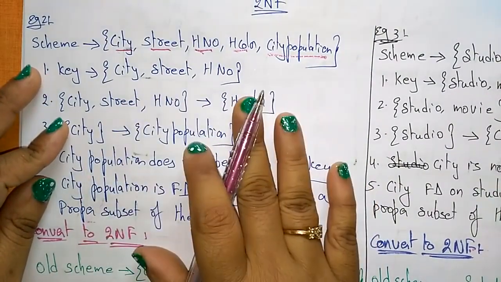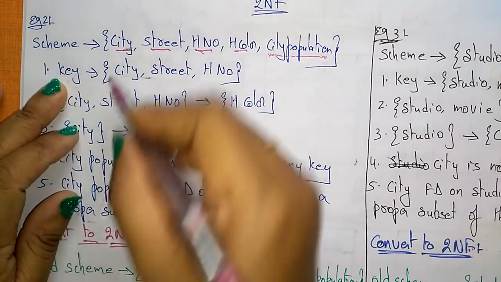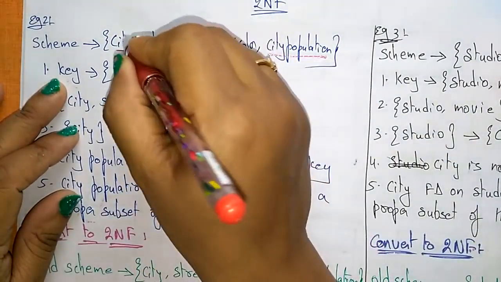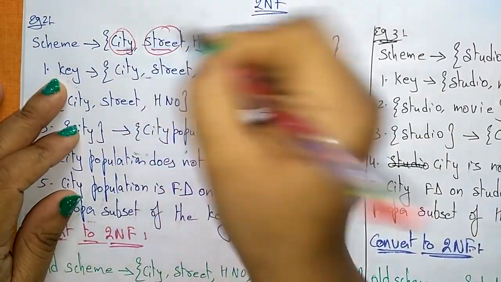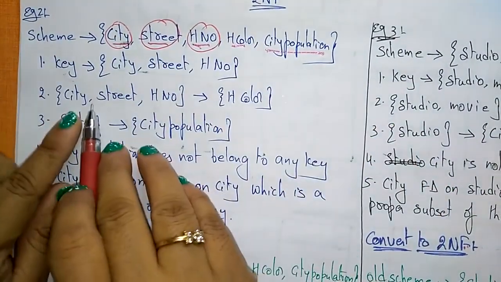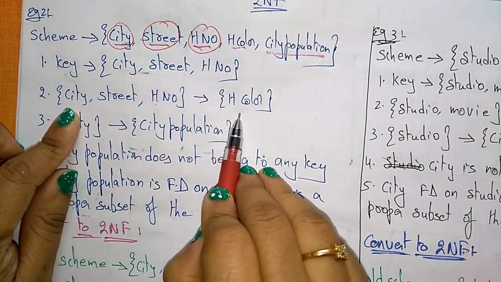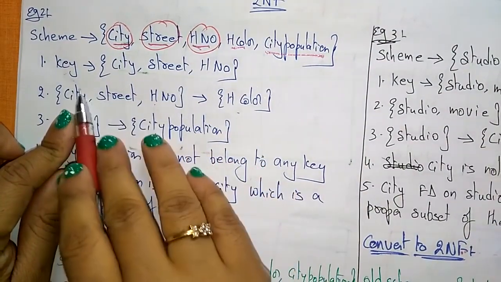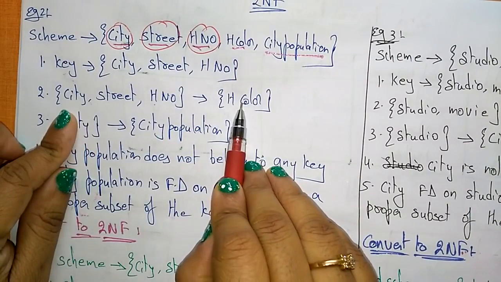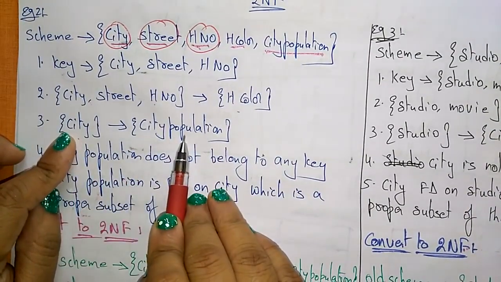The keys in this table are city, street and house numbers. All these keys together determine the house color, and city determines city population.